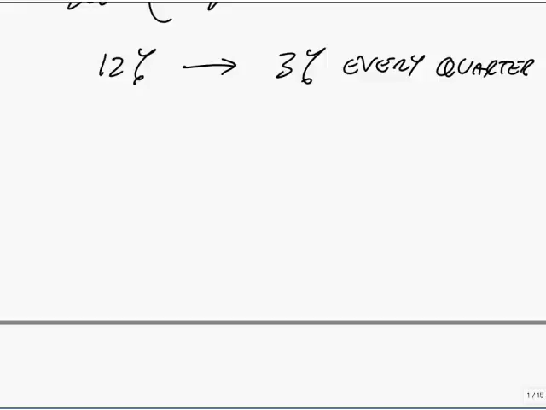But here, I haven't told you how much we'd put on deposit, but whatever it was, were it 100 for instance, surely if it's 3% every quarter, by the end of a year, you multiply by 1.03 every 3 months. There are 4 3 months over a year. You'd multiply by 1.03 to the power 4. Do we agree?